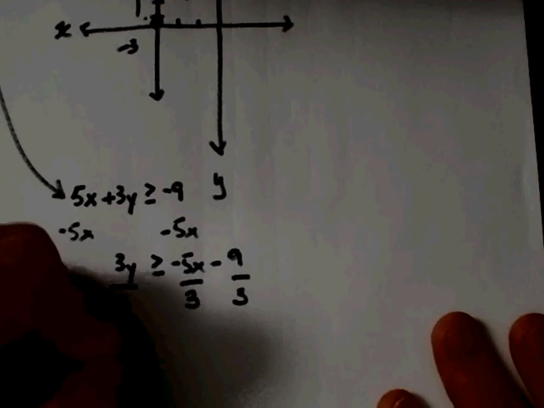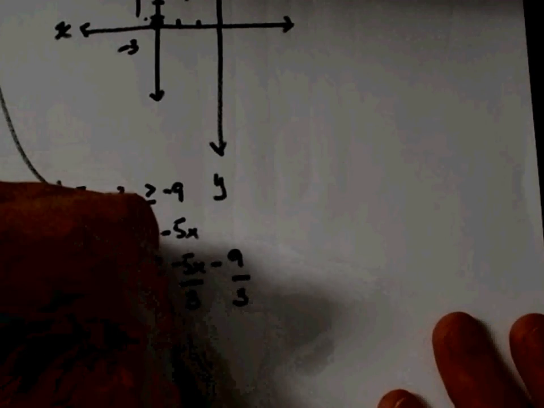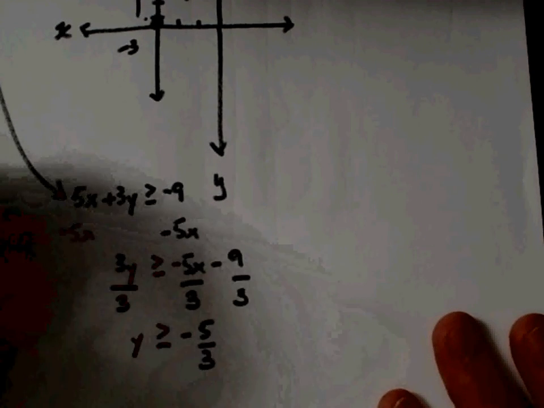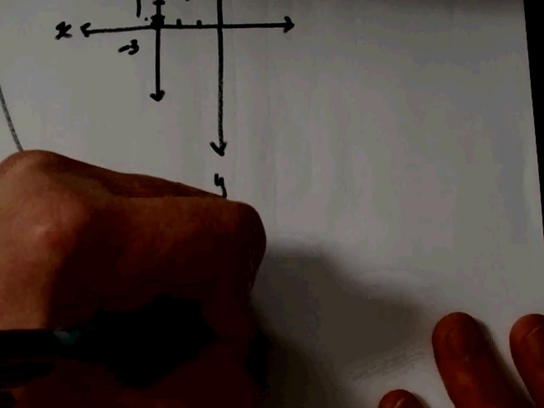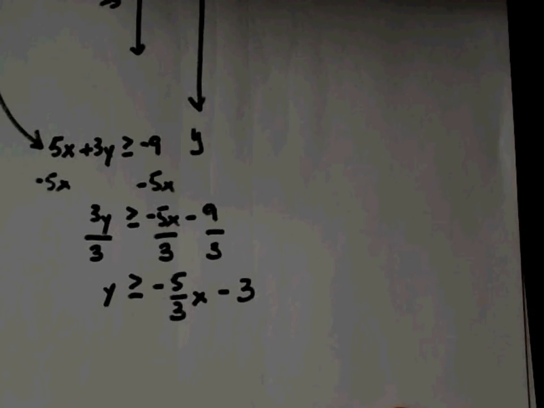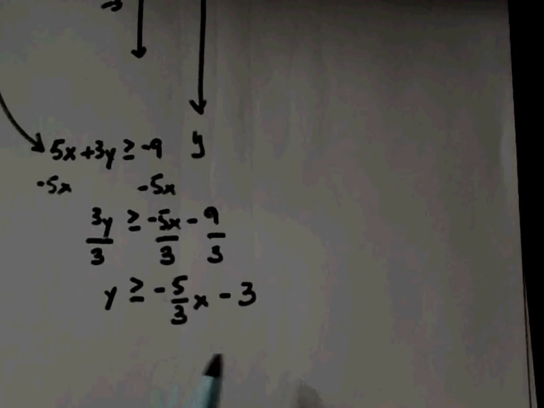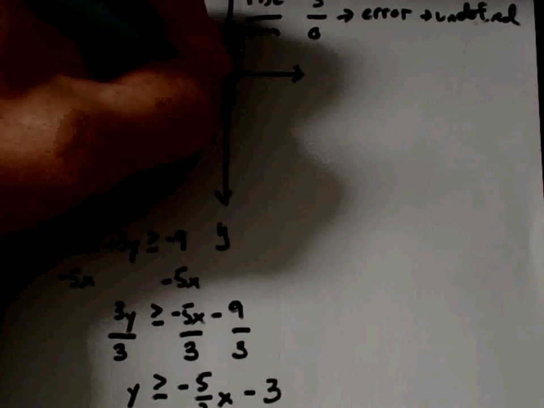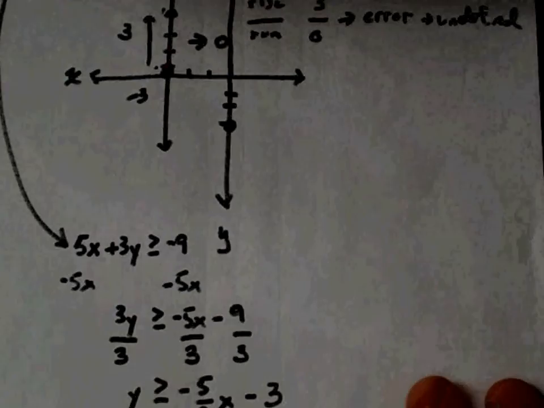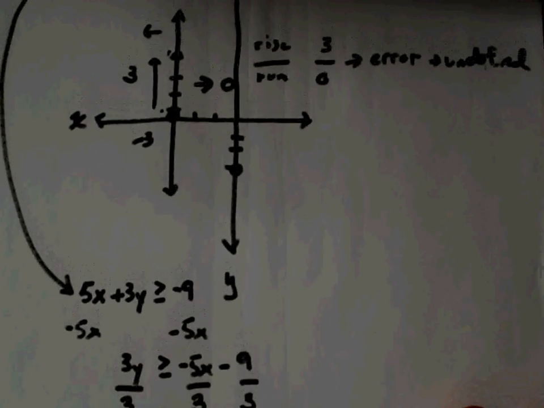So I divide by my 3, and I'm going to have y greater than or equal to -5 over 3x minus 3. Okay? And so now, my y-intercept is -3, so let's just say it's right there.